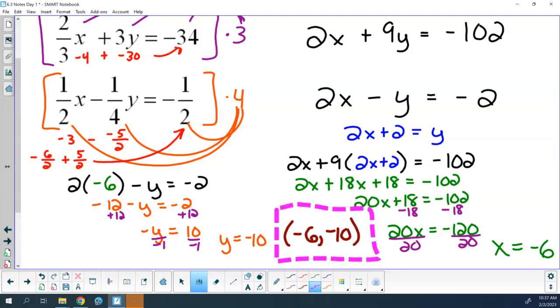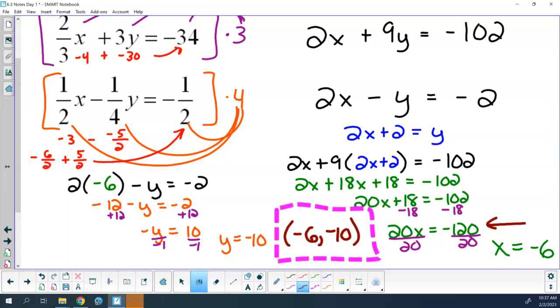Okay. Now, the special cases of these are in that first step, finding the first variable. When you get to that step, if you have no variables and it's true, it's infinite solutions.